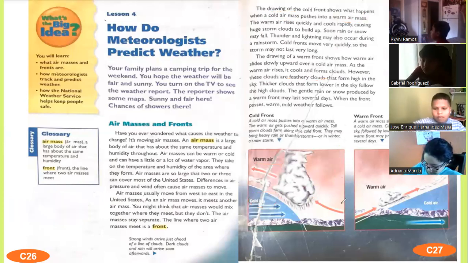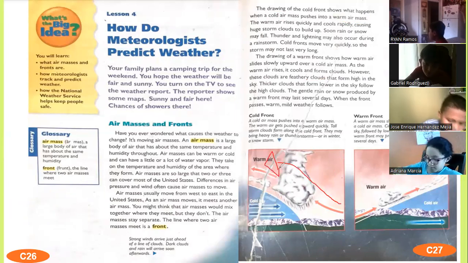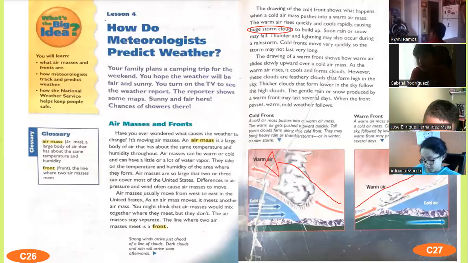When the warm air is moving this direction, it forms storm clouds. Here, it forms huge storm clouds. But when the warm air is moving this direction, it forms feathery clouds.